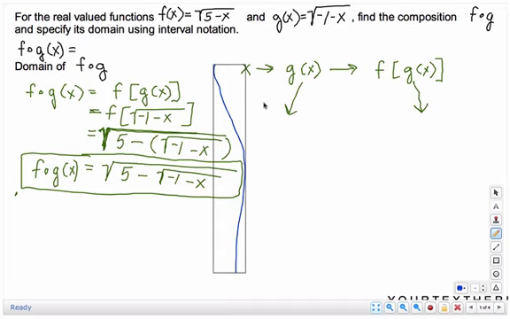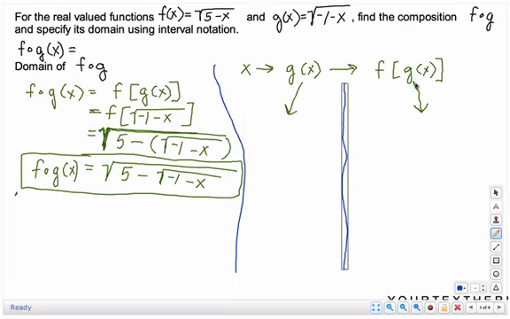Okay, so domain, divide this into our two parts. Usually that second part's going to need a little more room than the first part, because remember, to do this one, we need to first look at f of x, and then plug that into the f of g of x.